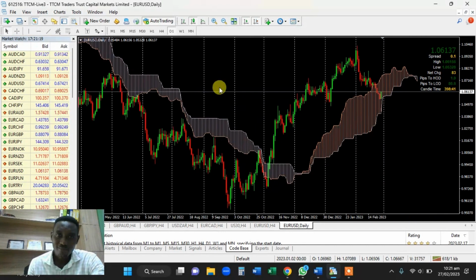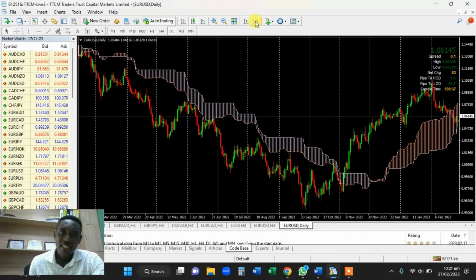Now, the cloud is indeed the basic part of Ichimoku Kinko Hyo. It literally must give you quick information regarding what is happening. Quick, without any delay.